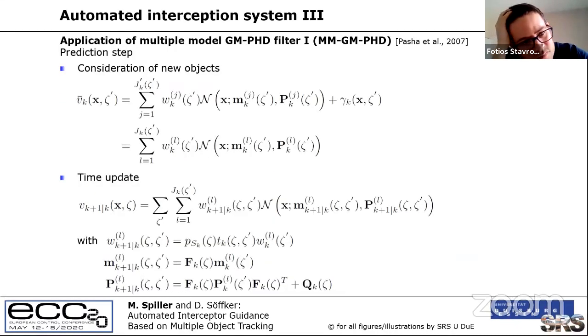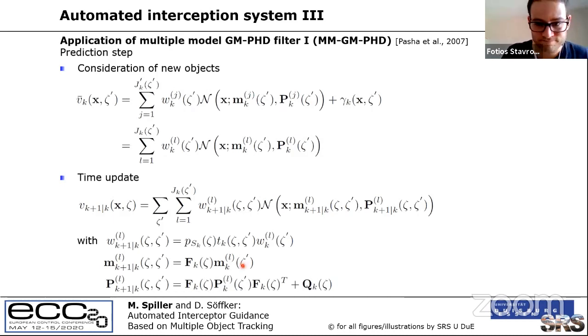In the following, the algorithm of the multiple model GM-PHD filter proposed by Pasha is discussed. First, the Gaussians of the potential new objects are added to the a posteriori PHD. In the time update, the mean values are predicted to the next time step and jumping of the modes is considered.